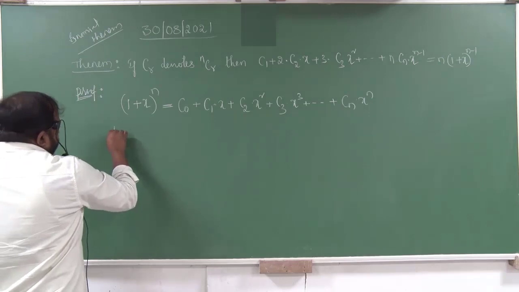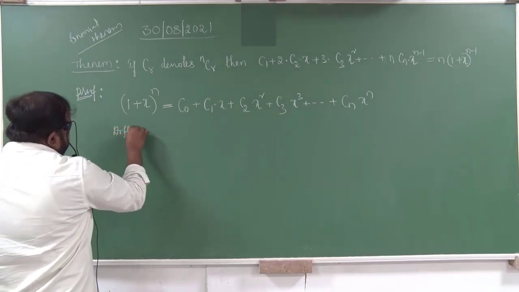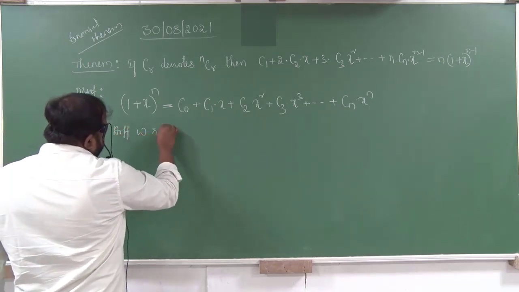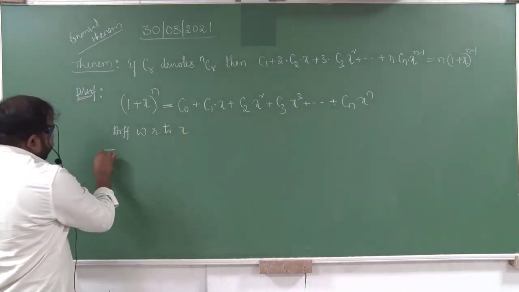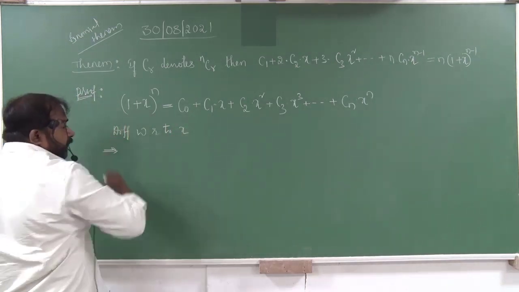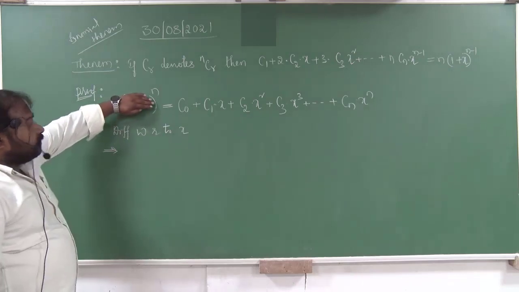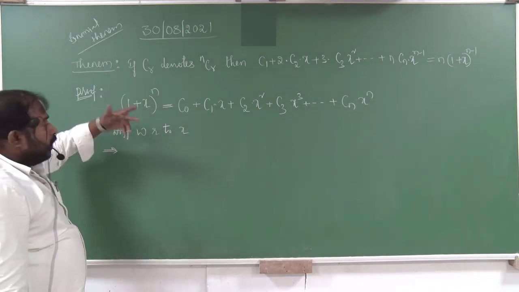Now if I differentiate with respect to x, what can I get here? This is in the x power n form. What is the derivative of (1 plus x) whole power n?